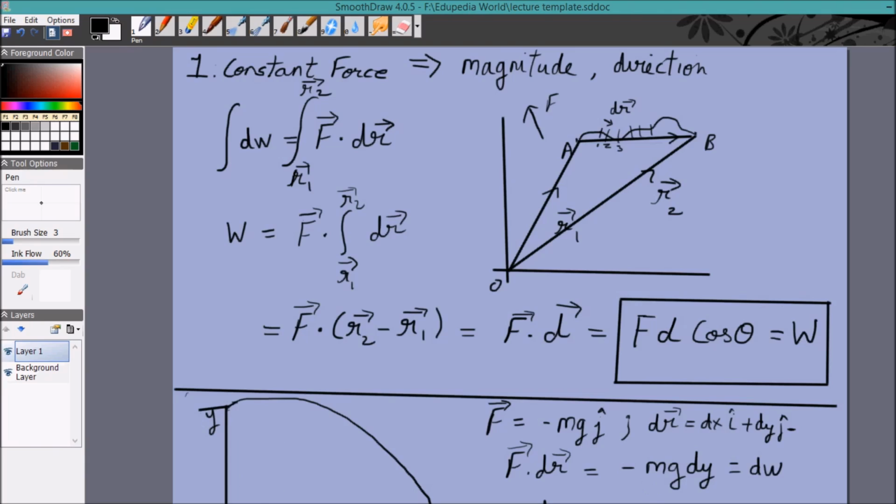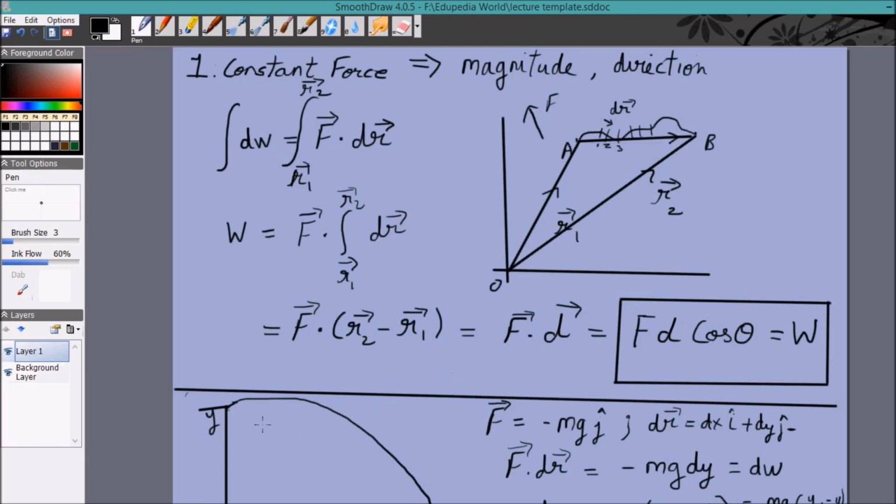It should rather be minus mg (y2 minus y1), or it can also be mg (y1 minus y2), right? So this is the net work done by the force of gravity.